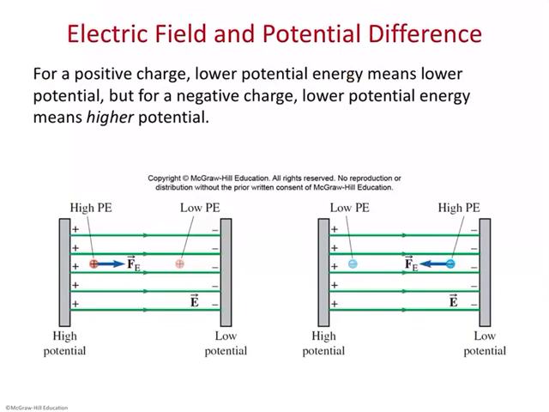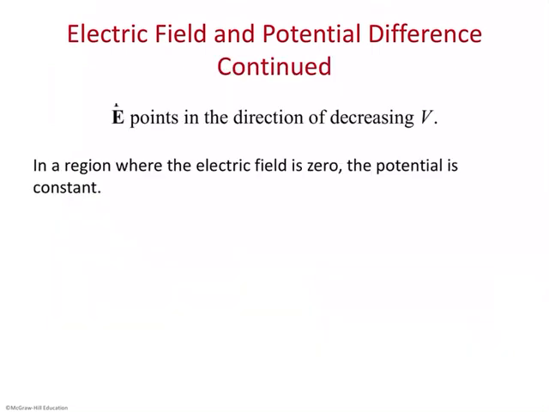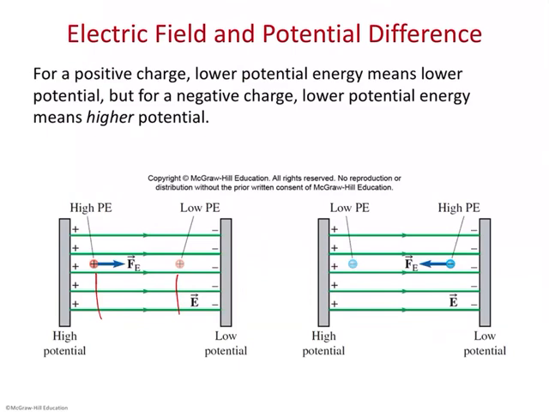All right, so electric field and potential difference. So for a positive charge, lower potential energies mean lower potential. So you would basically just do the voltage from here to here, which would cause you to have a difference of potential energy as well.